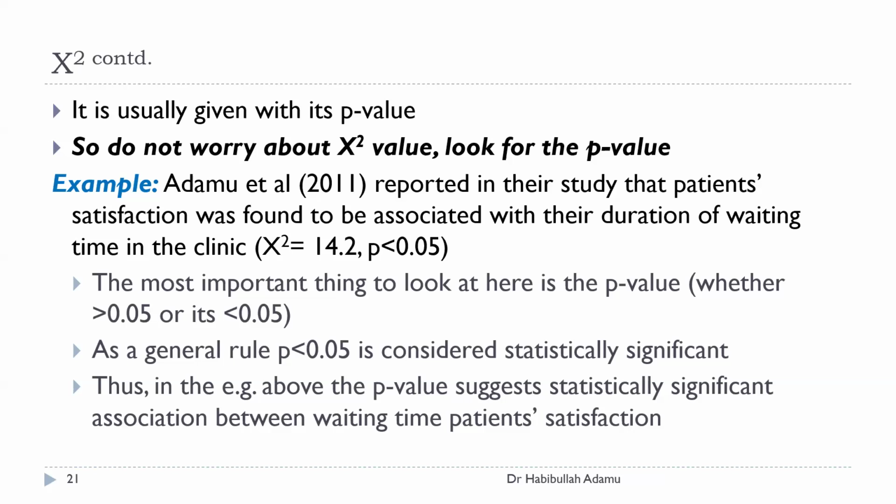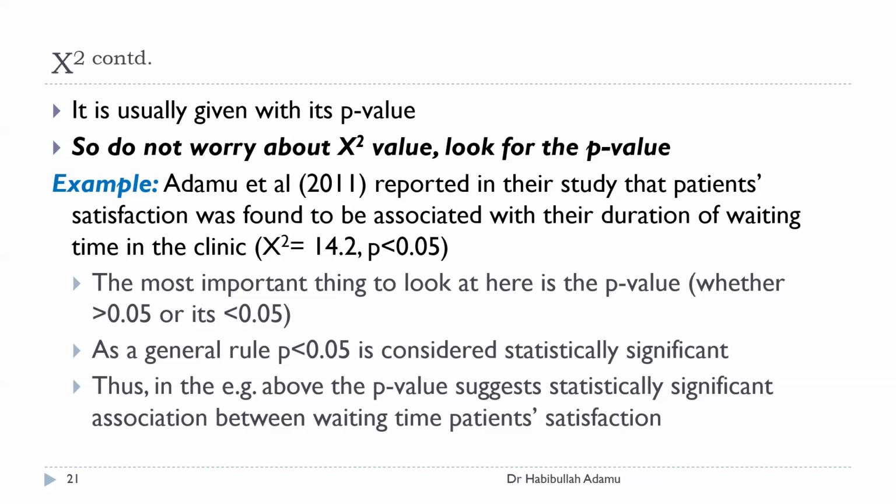There is significant association. If you are testing for difference, maybe mean difference, and your p-value is less than 0.05, you conclude there is what? Statistically significant difference. Whatever it is you are trying to test, and your p-value is less than 0.05, your conclusion should be that the thing you are testing is what?